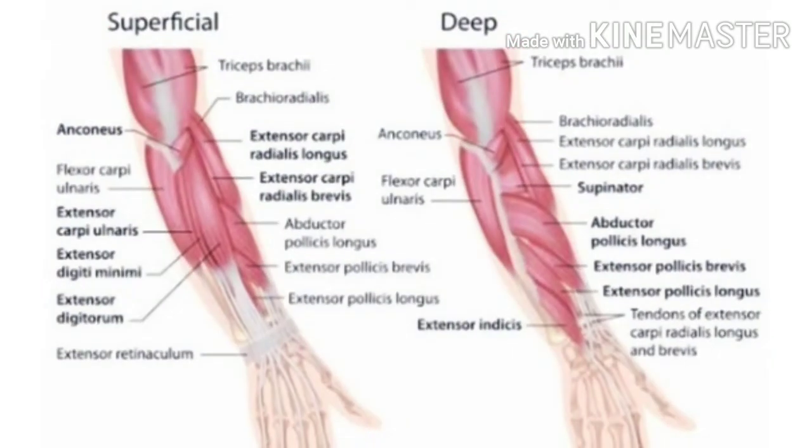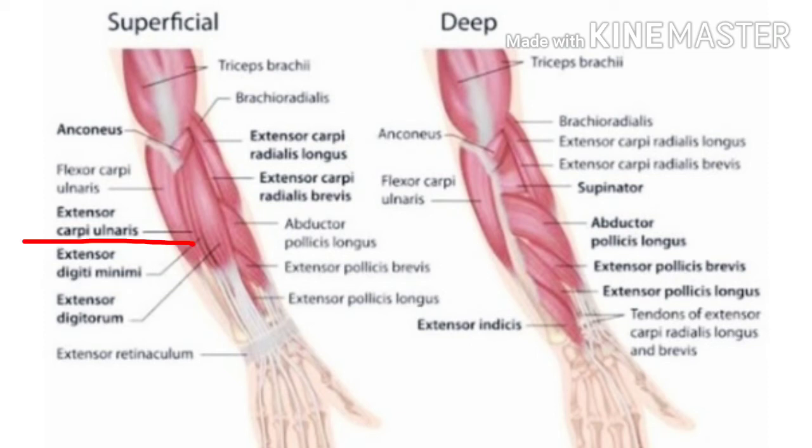Okay, so brachioradialis originates from the proximal aspect of the lateral supracondylar ridge of the humerus and attaches to the distal end of the radius just before the radial styloid process. Extensor carpi radialis longus and brevis muscles are situated on the lateral aspect of the posterior forearm. Extensor digitorum communis is the main extensor of the fingers, and extensor digiti minimi originates from the lateral epicondyle of the humerus.